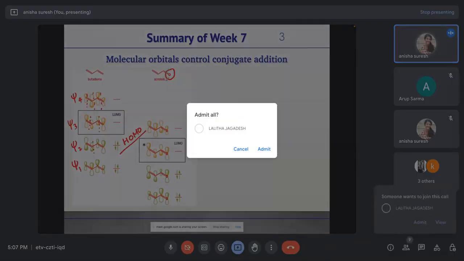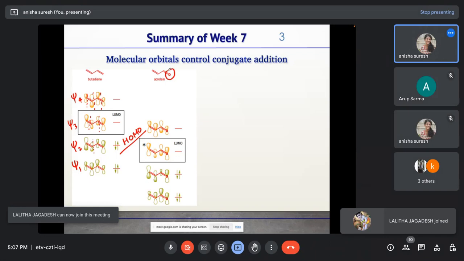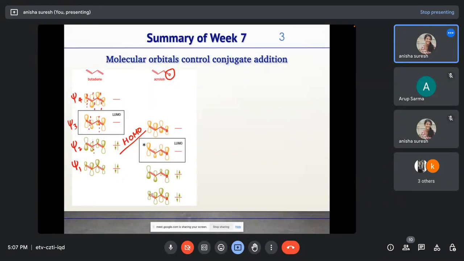And because of the presence of this oxygen atom, there will be a difference in the distribution of these orbitals. So we can see that in case of psi 1, the contribution of this orbital is lesser.